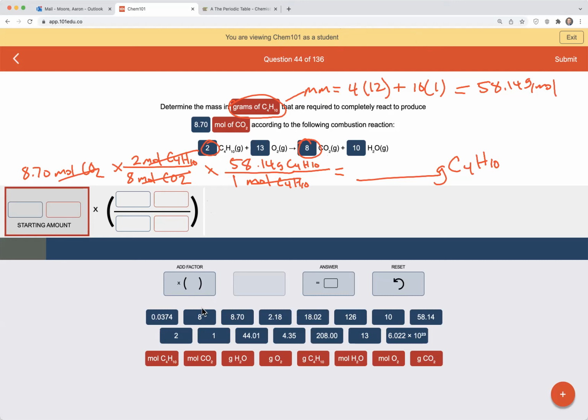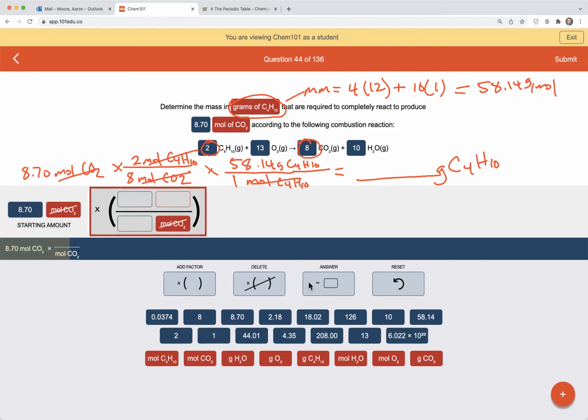Okay, so we'll just plug all that into our scaffolding here. So we start with 8.7 moles of CO2. And then I just do a mole ratio. So I want moles of CO2 to cancel. So according to this reaction, 8 moles of CO2 require 2 moles of butane.